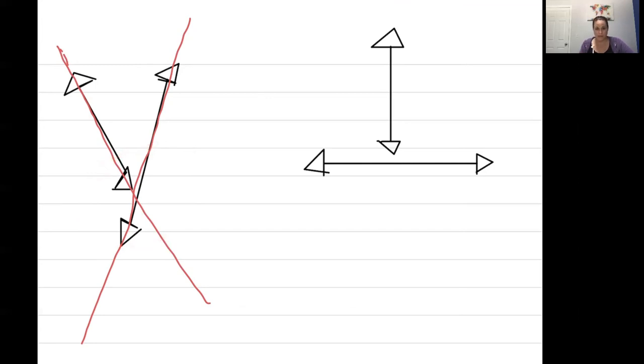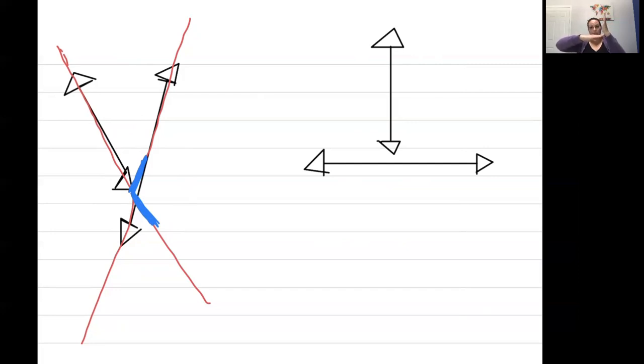Now, when you are extending your lines on something that hasn't touched yet, you have to use your math brain to figure out whether this angle right here in the middle is a right angle. I'm going to draw this a little bit thicker in a different color so we can see it. This angle right here in blue where they crossed, does that look like a right angle to you? If I turn my head sideways and look at it, I've got a side like this and then the other one's like this. Now, if you remember our line types from last week, that is not a right angle.